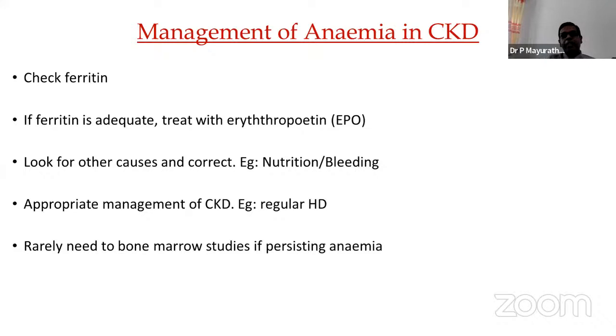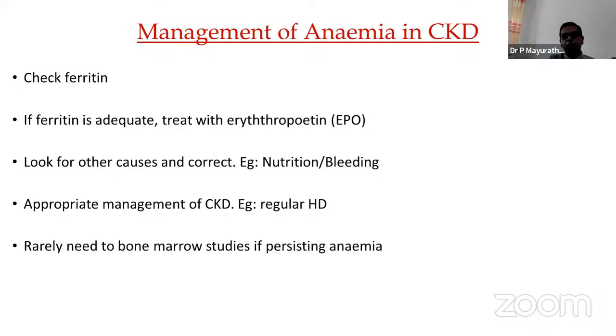Roughly, remember we have two numbers, 100 and 200. CKD patients who are not on dialysis should have a ferritin level of at least 100 to start the erythropoietin. On the other hand, if the patient is on regular dialysis, the ferritin level should be around 200 before we start erythropoietin.